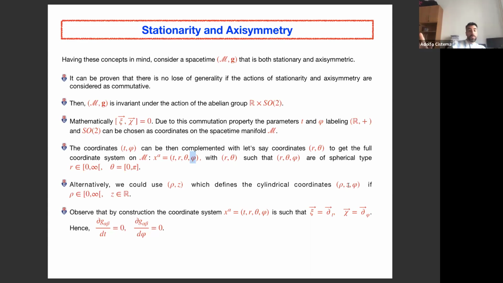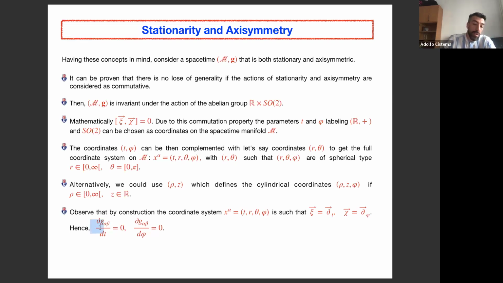Then, in these adapted coordinates, everything simplifies, and your Killing vectors are simply the basis vectors you see here. The condition of the metric being invariant under the generator, using the Lie derivative, simply reduces to the condition of those coordinates being ignorable, right?